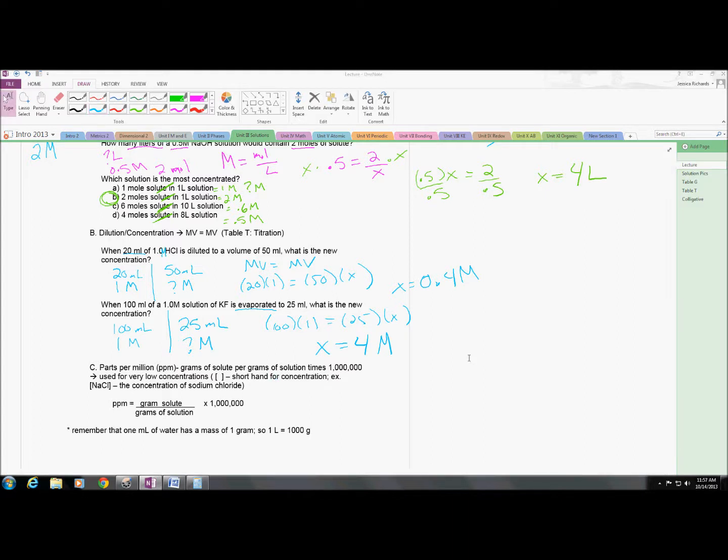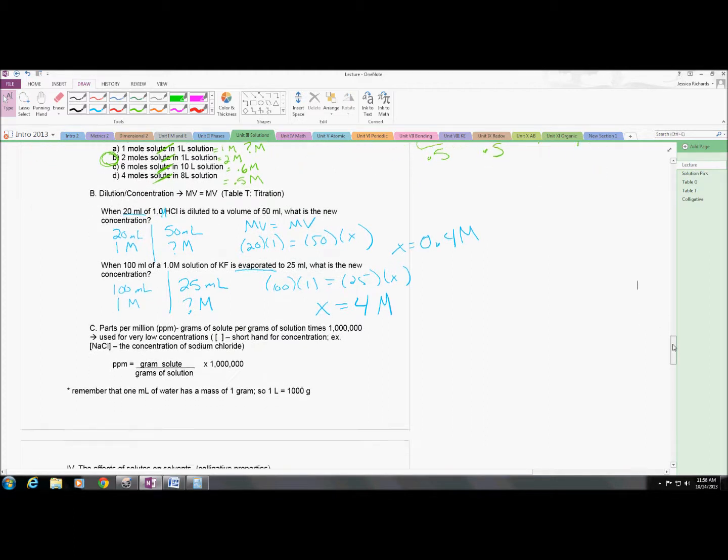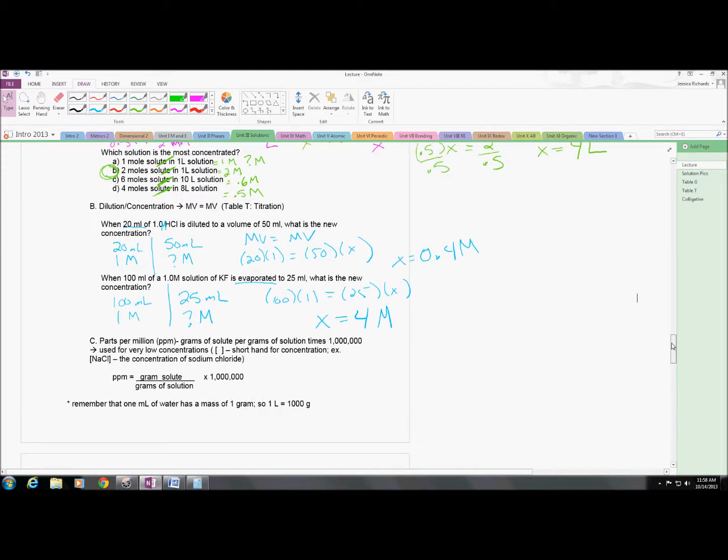We use molarity for solutions that are pretty soluble in water, but we're going to have some compounds that barely dissolve in water at all, and some of them, even at very small amounts, become very important to know how much is in there. So parts per million is exactly that.